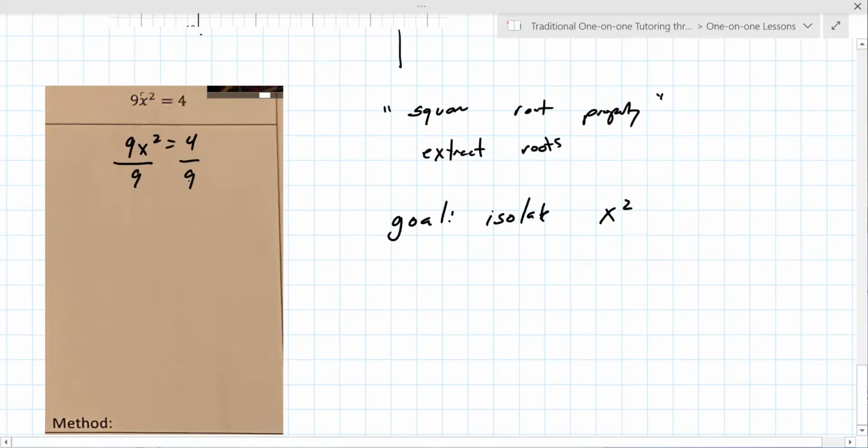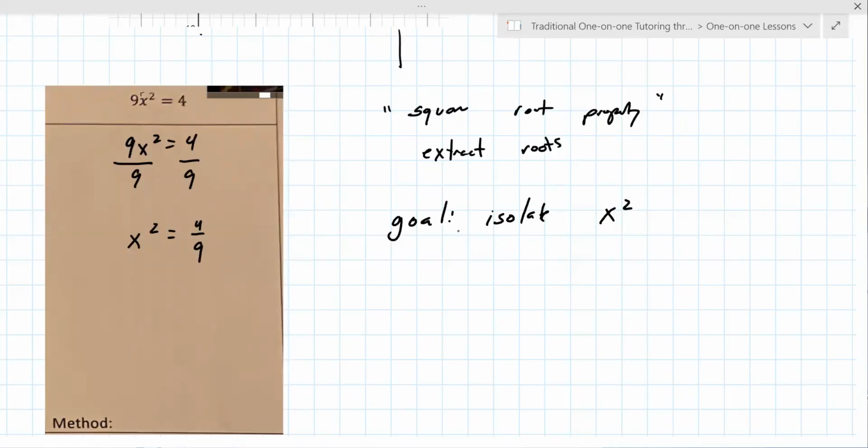On the left, it's x squared equals 4 over 9. Go ahead and write that down. Let me know when you got up to that step, please. Got it down.